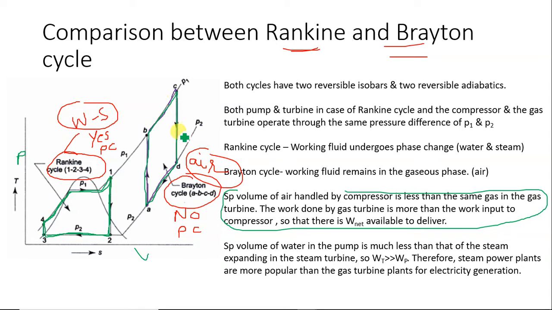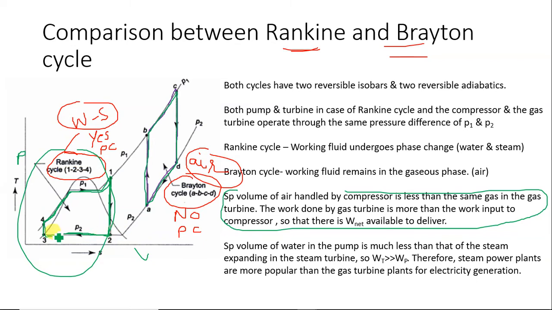For the turbine the specific volume will be more. So definitely the W net will be available, and the turbine work will be more than the compressor work, and we will get the W net, but it will be small because here you can see the compressor work is more in Brayton cycle. But if you consider the Rankine cycle, here you can see the pumping work is less, whereas the turbine work is more.